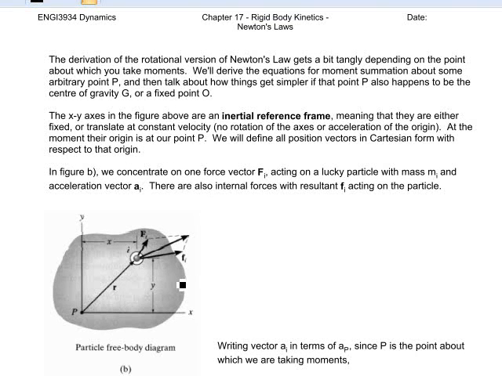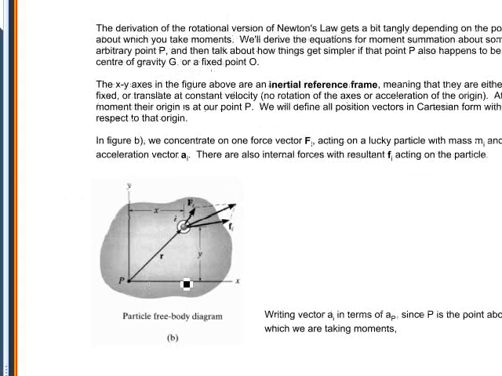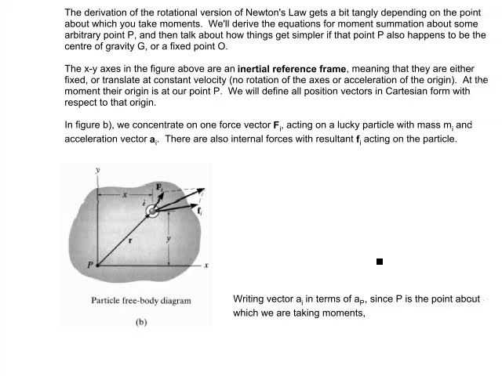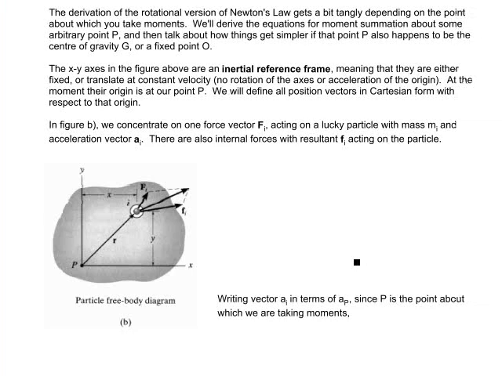So in this figure, I've got a rigid body, and here's an arbitrary point P, which can be moving, and I've put an xy origin at point P. Now these x and y directions are fixed, and P is at the origin. We're going to define all our position vectors in Cartesian form with i and j coordinates. Let's take one lucky particle i with mass mi.